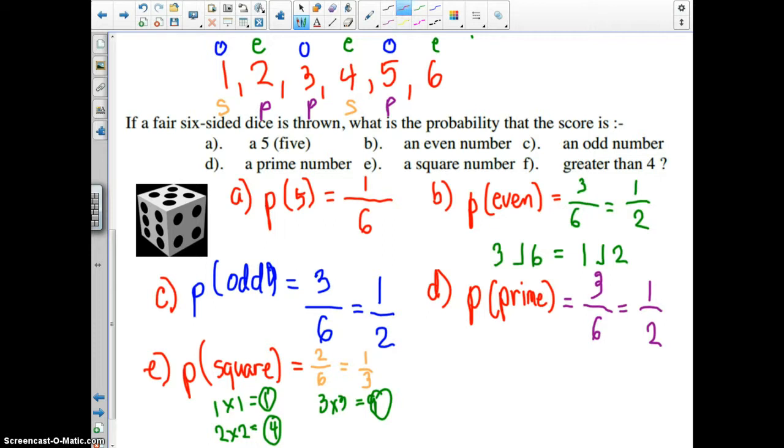And the last question over here, question F, a number that is greater than 4. So how many numbers are greater than 4? That is 5 and 6. So that is 2 numbers out of the 6 numbers, which is 1/3.